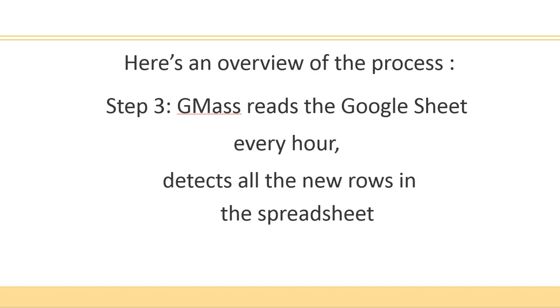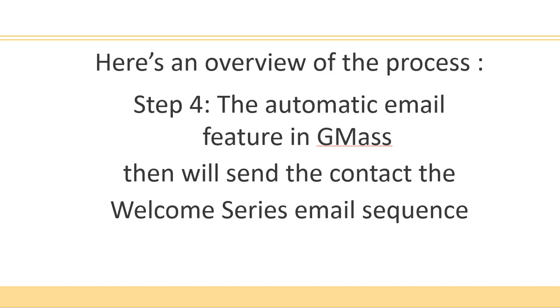Step 3 is that GMass reads your Google Sheet every hour or however often you want it to read it and detects all the new rows in the spreadsheet. Then step 4, the automatic email feature in GMass will then send the contact the welcome series email sequence we're going to develop in the steps later on in the course.